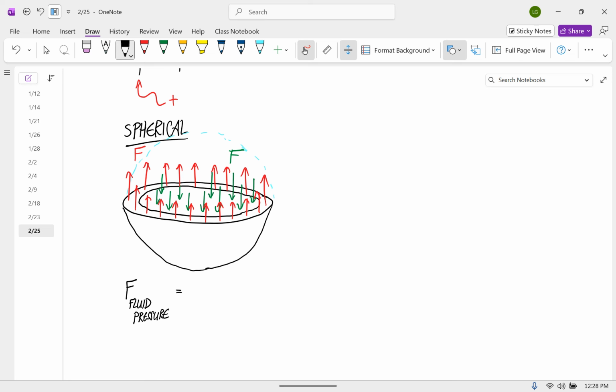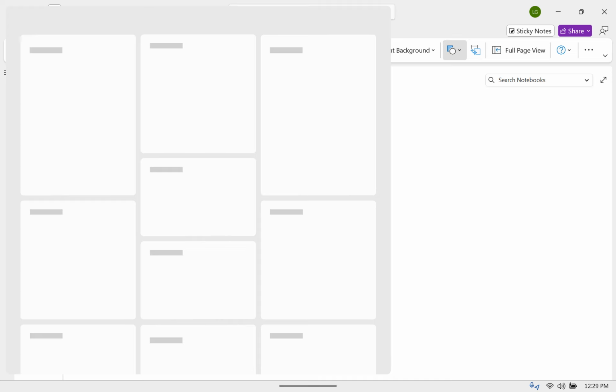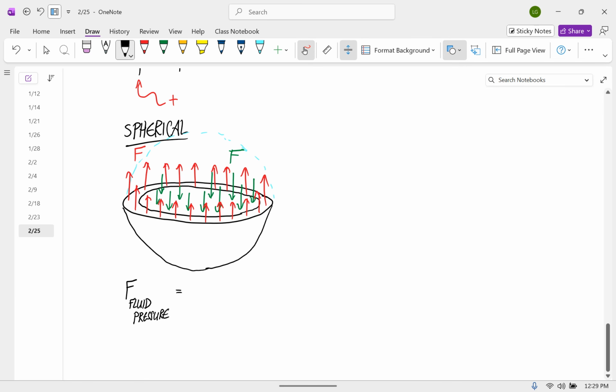Force is equal to pressure times area. So this is going to be equal to the fluid pressure times the area of the fluid.